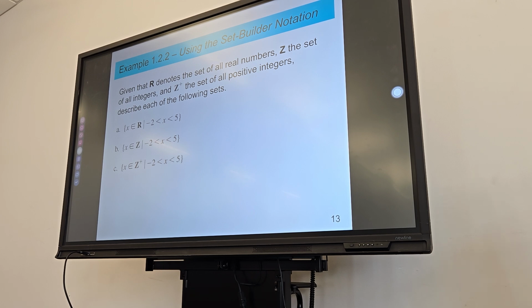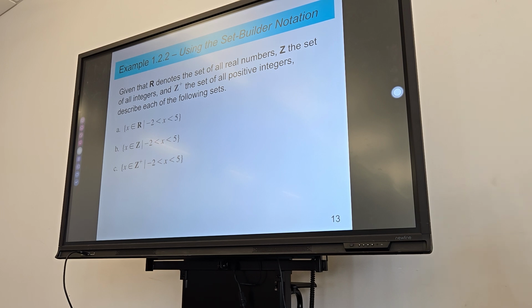I see a look of confusion. To be in the set, the number has to satisfy both conditions. The number has to be an element of Z, all integers, and it has to be greater than -2 and less than 5.